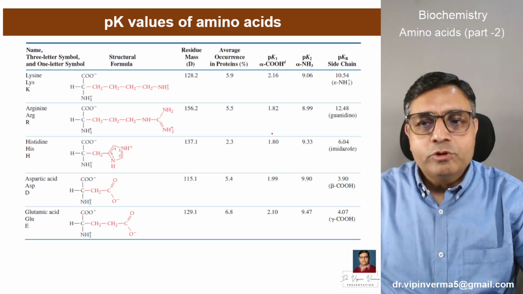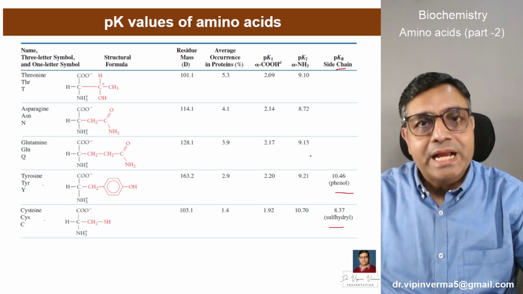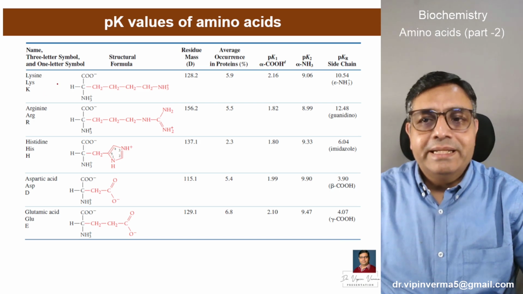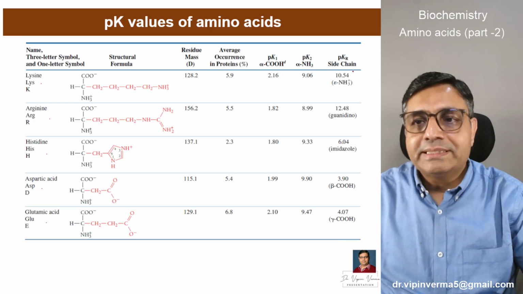Now what I want you to pay attention to here is that in case of tyrosine, cysteine, you will see the pKr values of the side chains. So that means their side chains are also ionizable. And in case of lysine, arginine, histidine, aspartic acid, and glutamic acid, you can see the side chains are also ionizable.